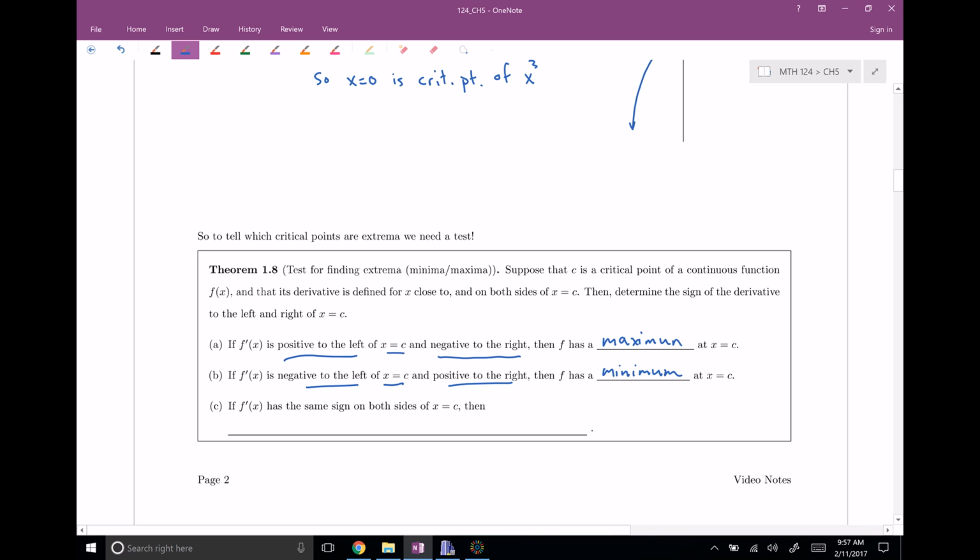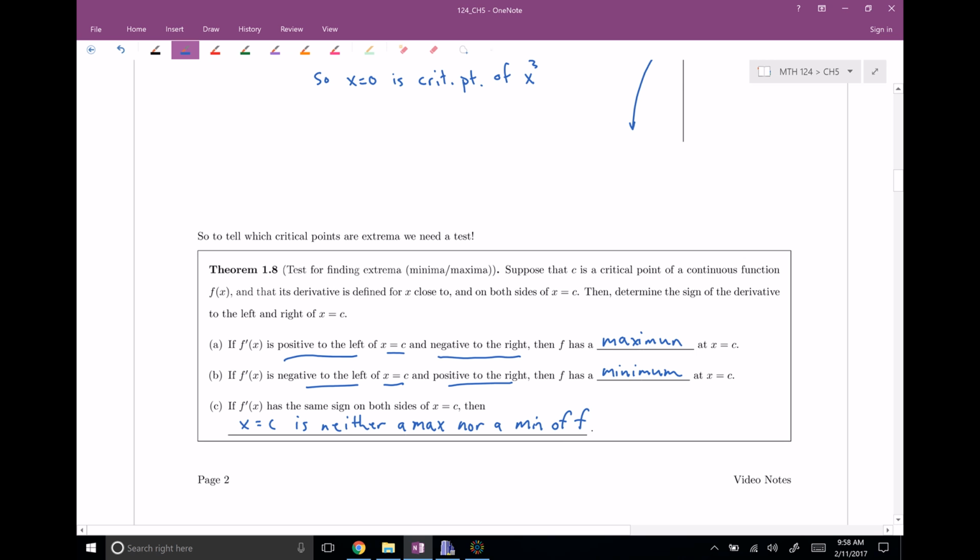Okay, and then finally, if the derivative has the same sign on both sides of x equals c, then x equals c is neither a max nor a min of f, we'll say, or f of x if you'd like.